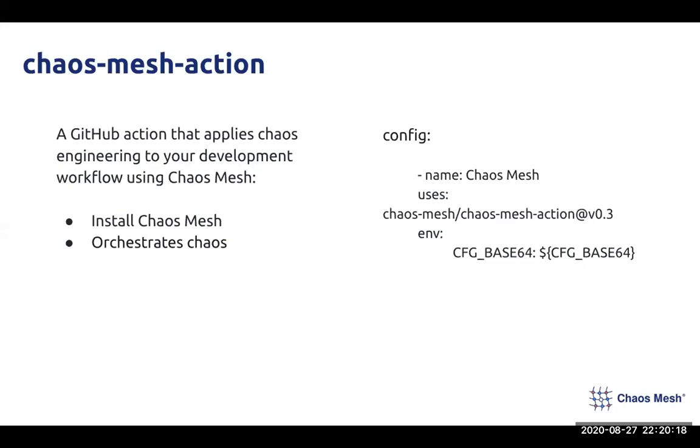The first one is install Chaosmesh, and the second is inject chaos. You can look at the right of the slide. This is an example configuration of Chaosmesh action. Set the Chaosmesh action in the use field, and then specify the base64 encoding of the chaos configuration file in the environment variable.